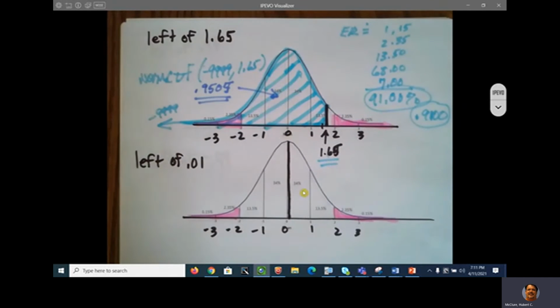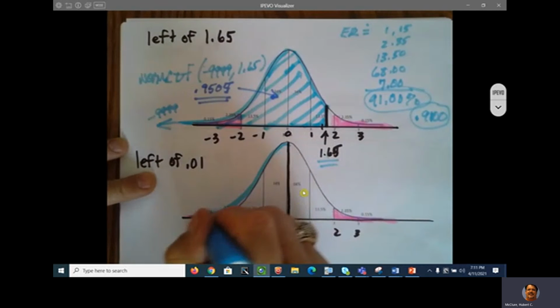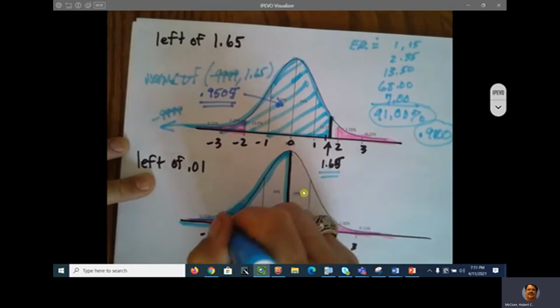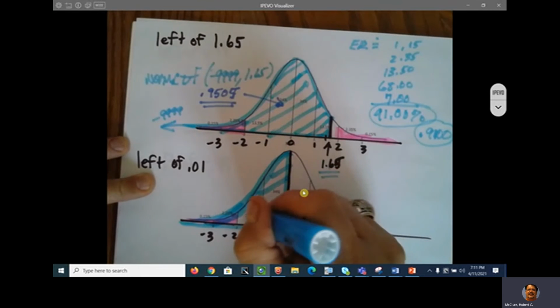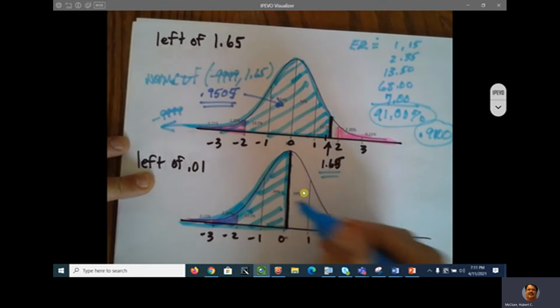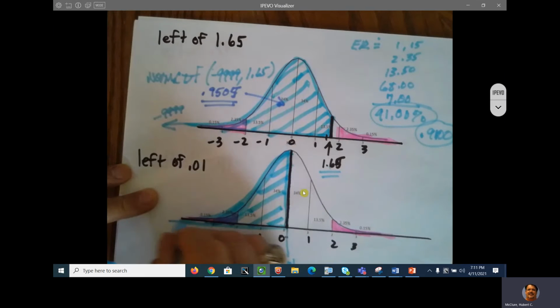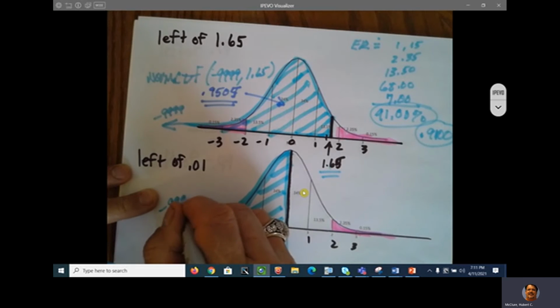By the empirical rule, let me draw what I need to draw. We want to know this area right here, and that black line represents 0.01. So I need to put that right here, and this is negative 9999.